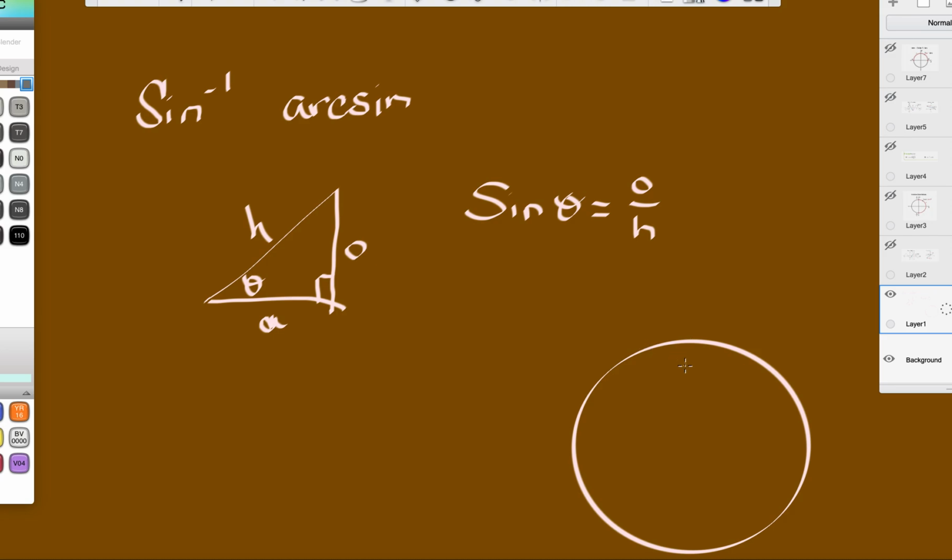And then we were talking about how to find values. When we started talking about the unit circle, we were talking about radians. So we're talking about 2 pi, pi over 2, etc. And then there were values where the x value was, for 30 degrees, root 3 over 2 and 1/2.